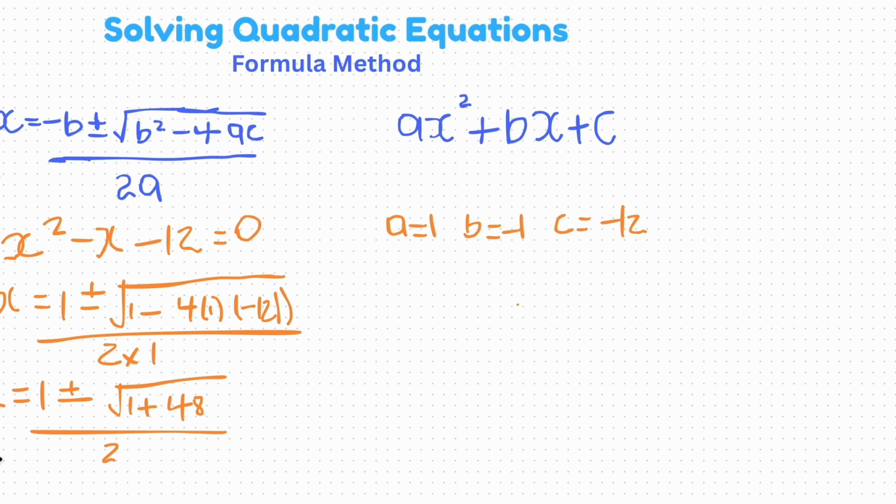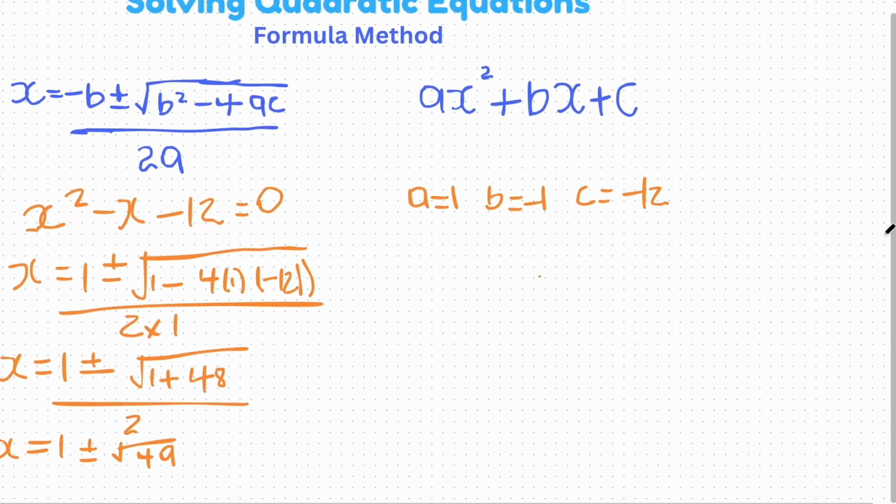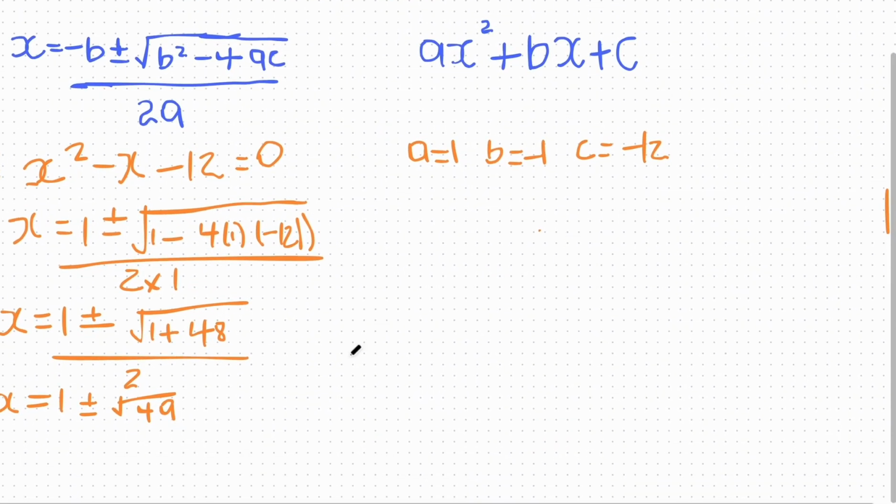x is equal to 1 plus or minus the square root of 49, divided by 2.